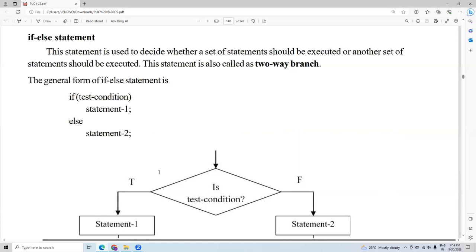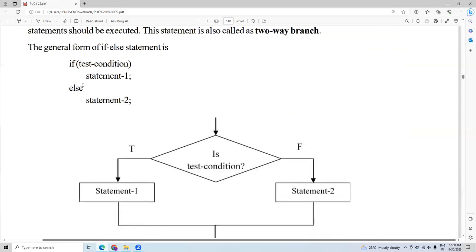The respective true condition or false condition will be executed. See now the general form of if else.